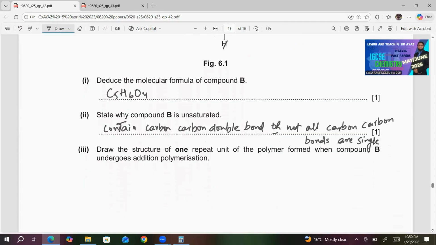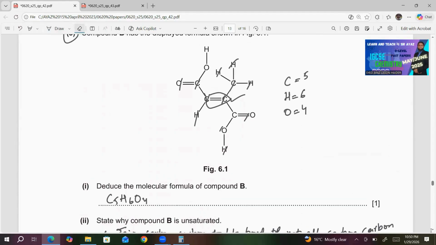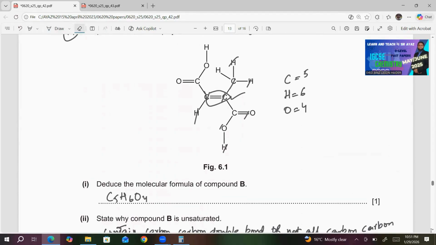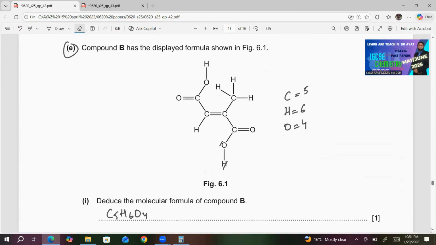Three, draw the structure of one repeat unit of the polymer formed when compound B undergoes addition polymerization. If you look at this, due to the presence of this carbon-carbon double bond, it will undergo addition polymerization. So what I'm going to do, I'm going to show this group as CH3, bond CH3.